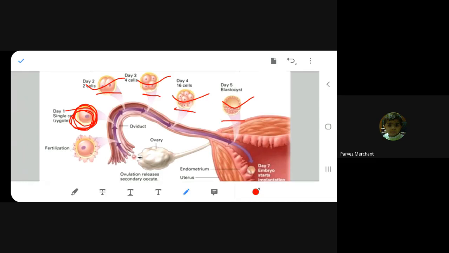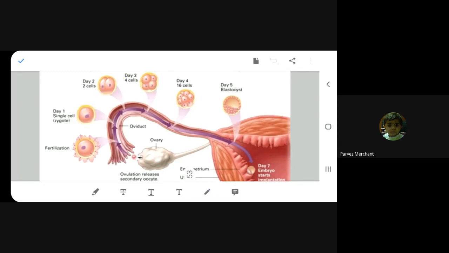Please understand what I'm trying to say. The fusion of the male nucleus and the female nucleus is zygote, and that's it. That is the only small stage of zygote. When zygote starts multiplying, it never remains zygote; it transforms to embryo. Have you understood? Embryo. Okay.